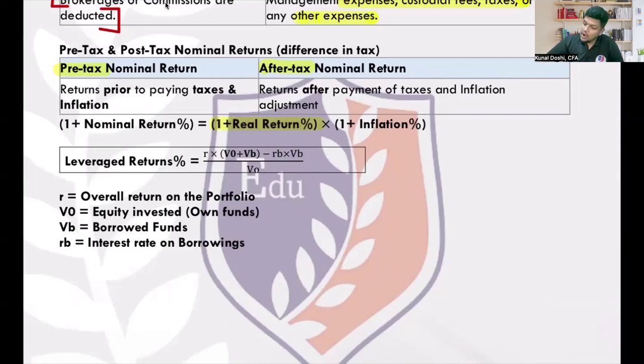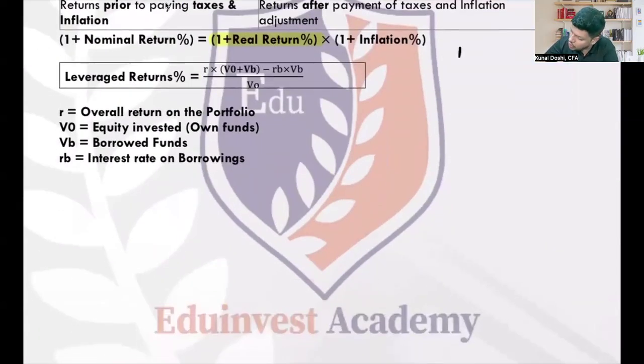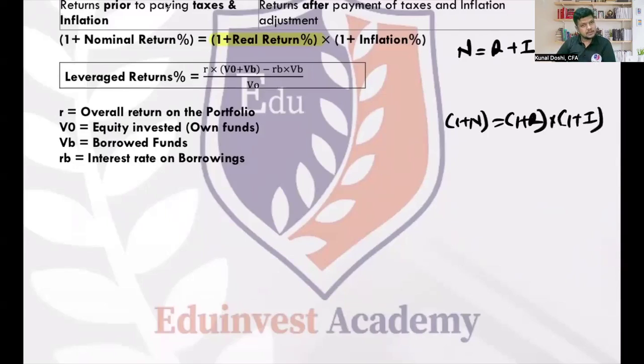Understood? Now, in reality, nominal return is real return plus inflation, correct? But we write it in compounding form. If they ask in exam, we write it 1 plus nominal return equals 1 plus real times 1 plus inflation. Got it?